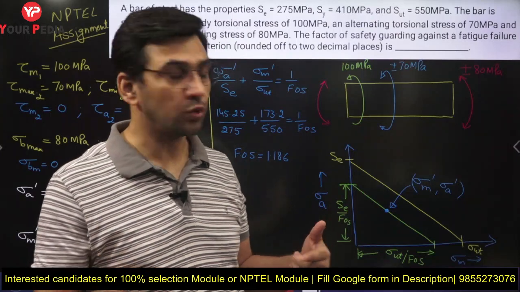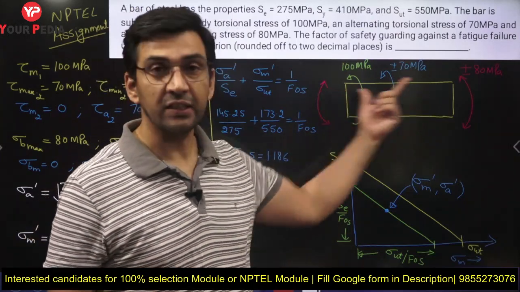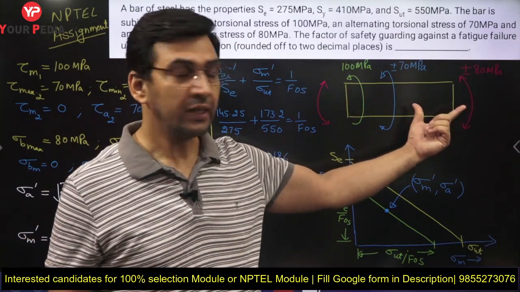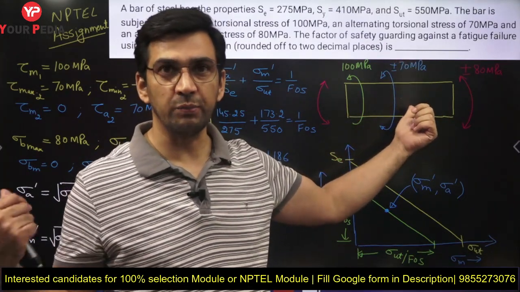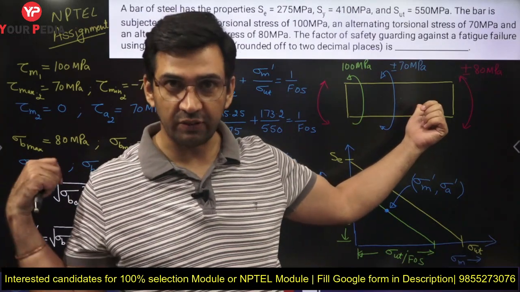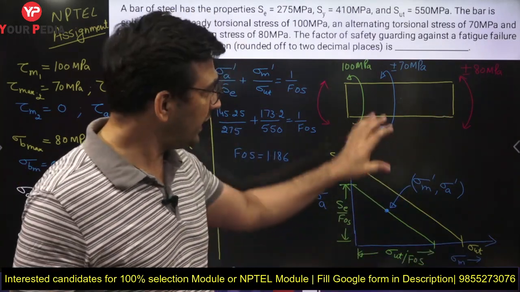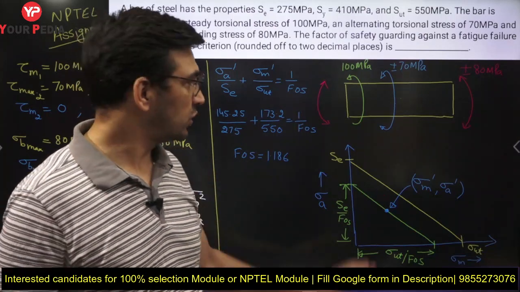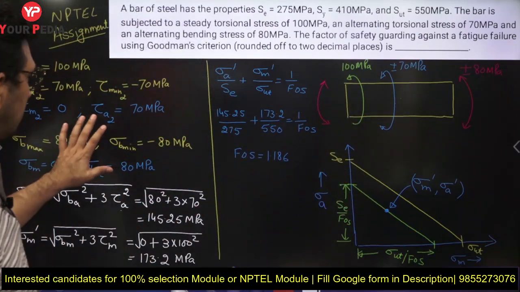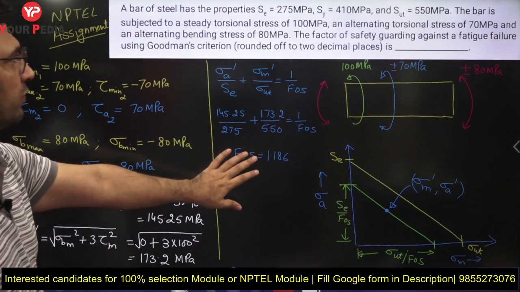He will give you the value. And for the fluctuating torsional shear stress, you simply find the mean and amplitude as we have done over here. So any of these components he can manipulate, right? You simply need to write them separately and then use this, and then you can find out this.